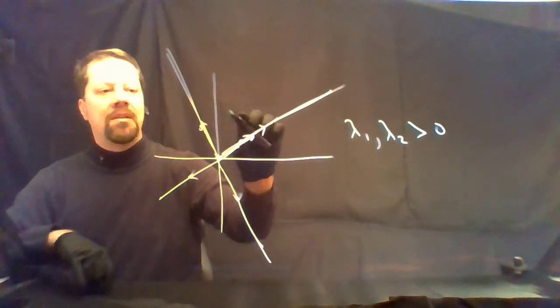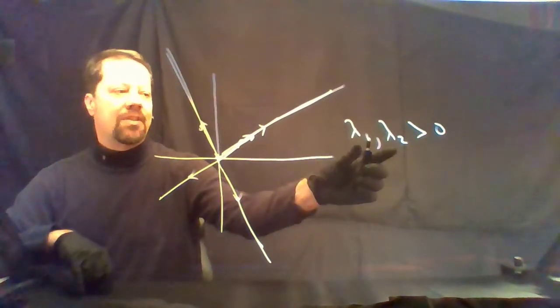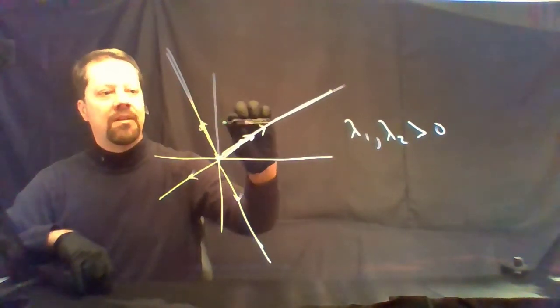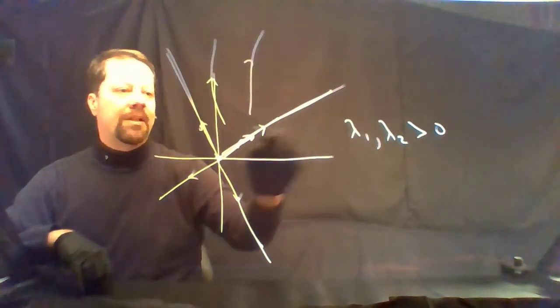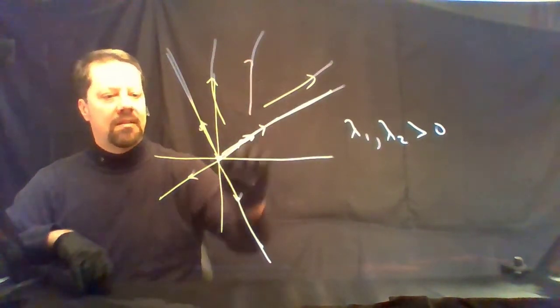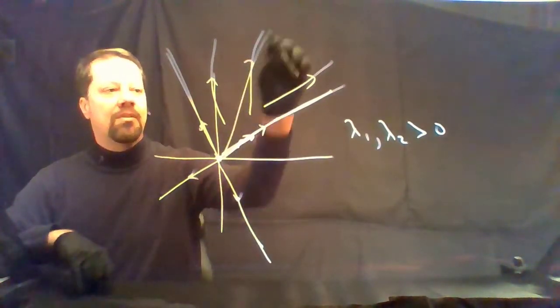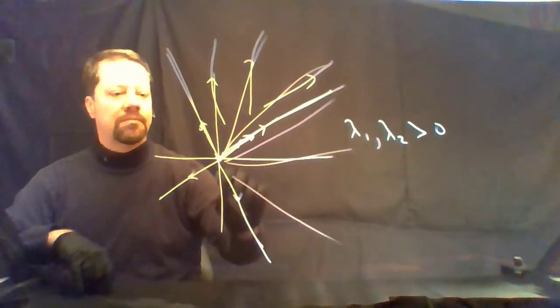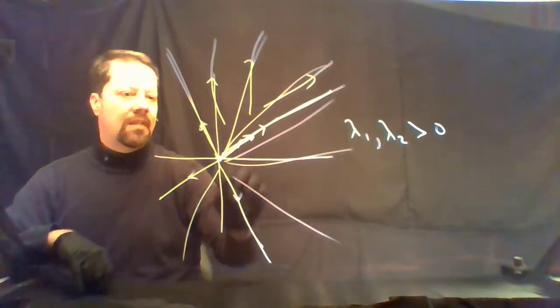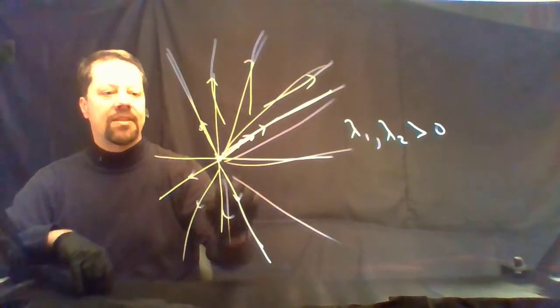So it depends upon how big the eigenvalues are relative to one another, which one you trend towards. But let's suppose that this one is bigger. In any case, we'll run away from the origin in each case.